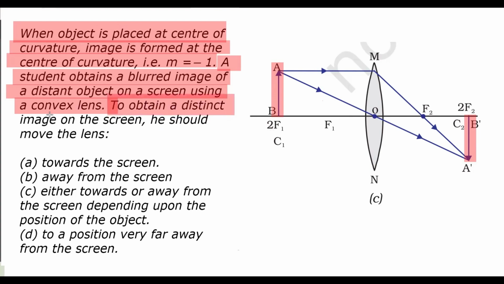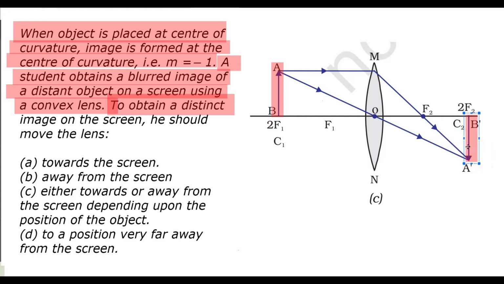To obtain a distinct image, well, in his case the image is blurred, maybe because he has not placed the screen at the right position. So in order to obtain a sharp image, he should move the screen depending upon the position of the object. It should move either towards the lens or away from the lens, right?